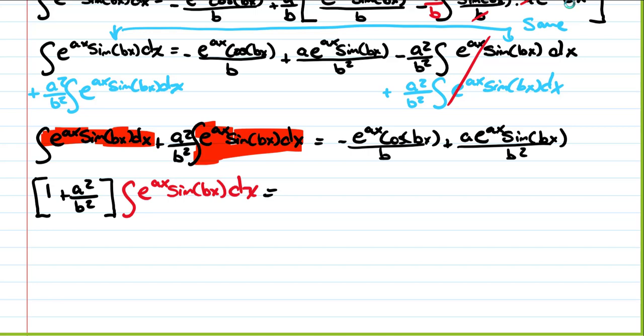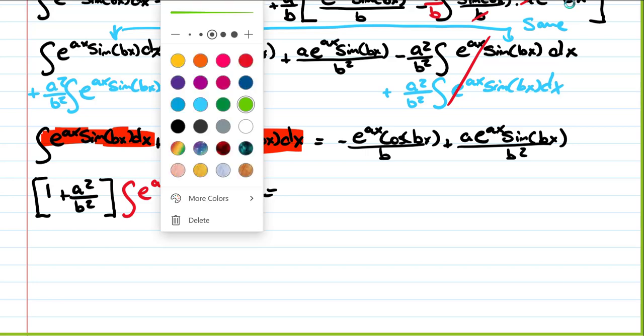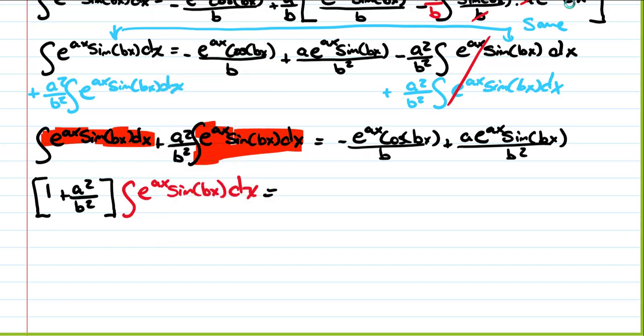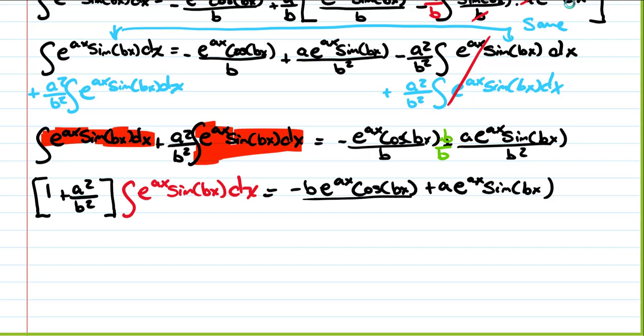this, and in this piece over here, let's go ahead and just get a common denominator so we can combine these. So when we multiply the top and the bottom of the first one by b, that gives us negative b e to the ax cosine bx plus a e to the ax sine bx all over b squared, right?